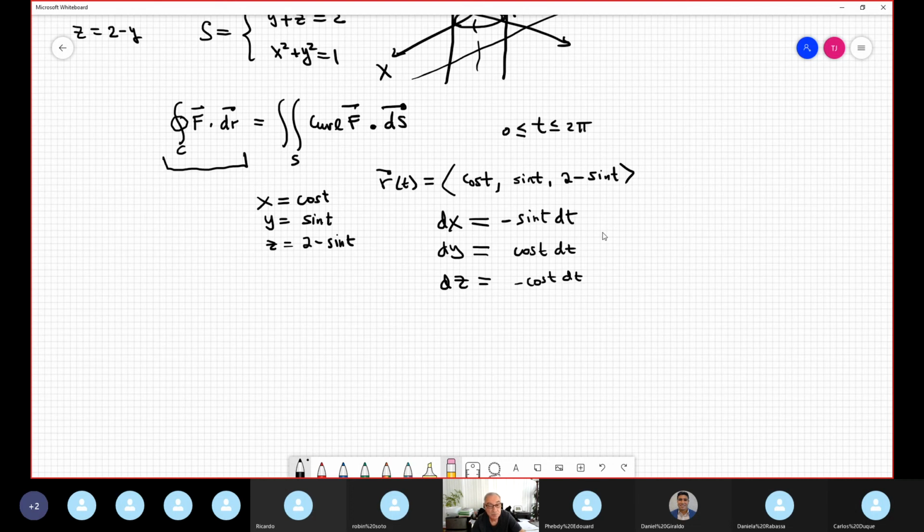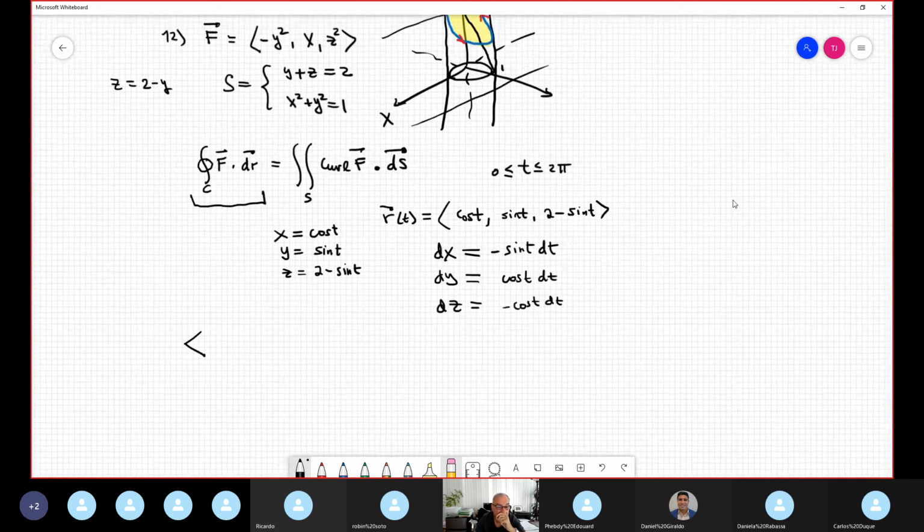Cosine t dt. Okay, now let's do it quickly. The vector valued function expressed in the parameterization. Remember, my vector valued function was, look, I come back to the beginning: minus y squared, and y is sine, so minus sine squared. I write this vector field plugging in the parameterization component by component.